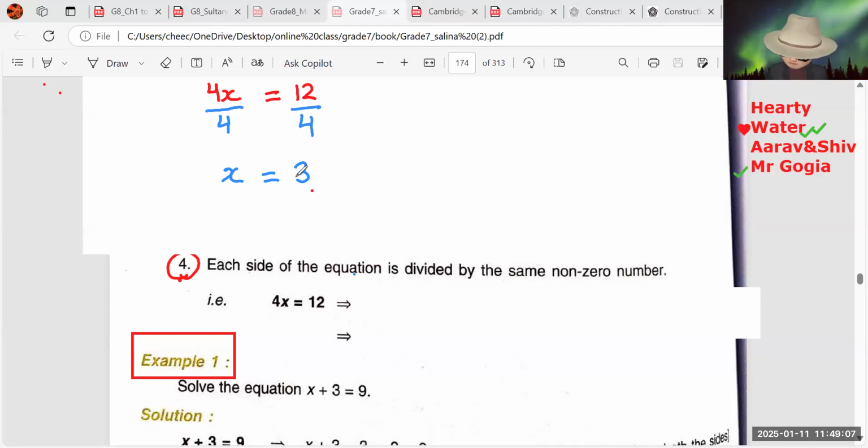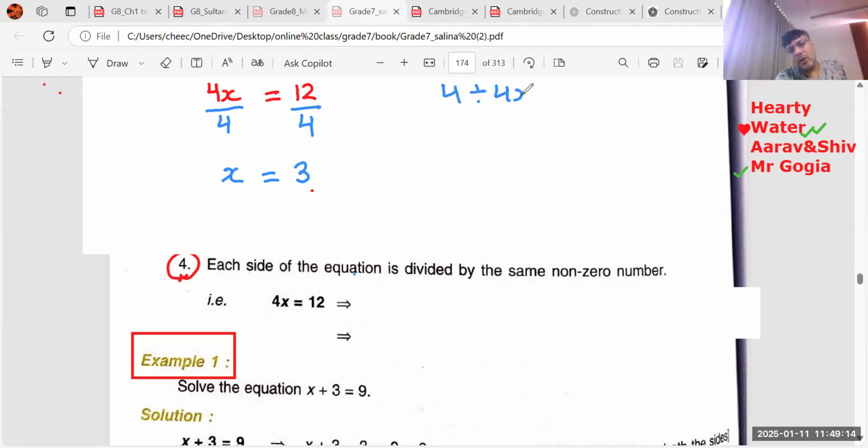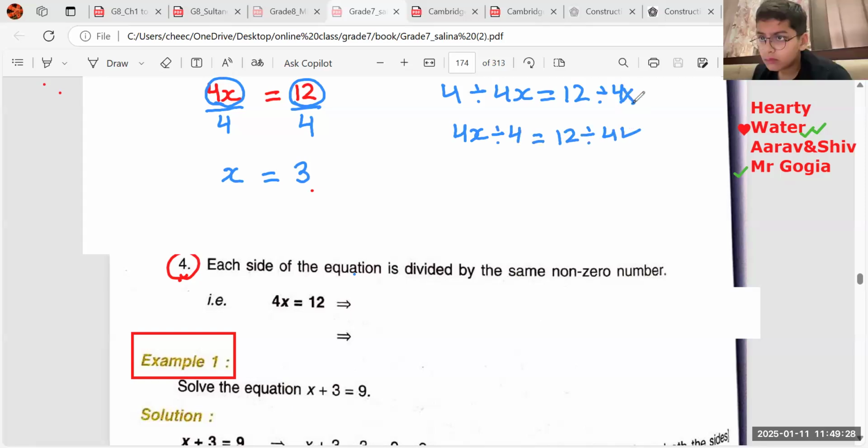Riddhe, did you do the same way? Arav, you did it wrong because you wrote 4 divide by 4x and here you wrote 12 divide by 4. Beta, in division, whatever is being divided should come first. If you had written 4x divide by 4, 12 divide by 4, it would have been correct, but this is wrong.